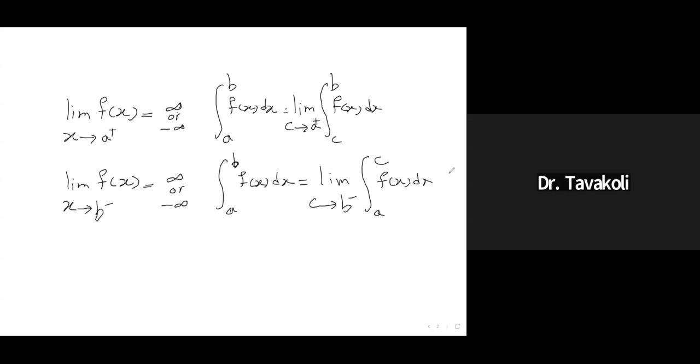So in this case, I calculate the integral from a to c. I get something in terms of c, and then let c tend to b from the left side.